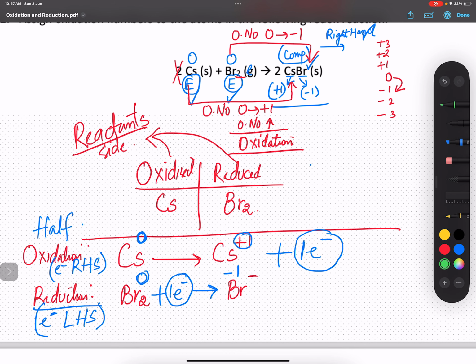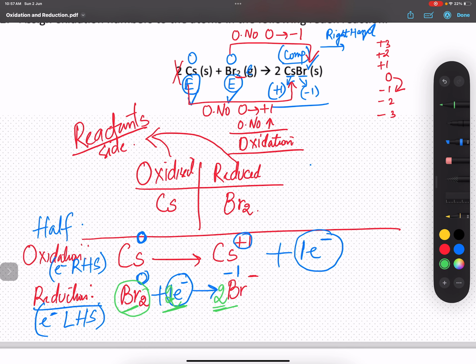How are you going to make them the same? There are two bromines. One bromine gains one electron, so two will gain two electrons. So you have to put two here. Br2 will accept two electrons to give you two Br minus.